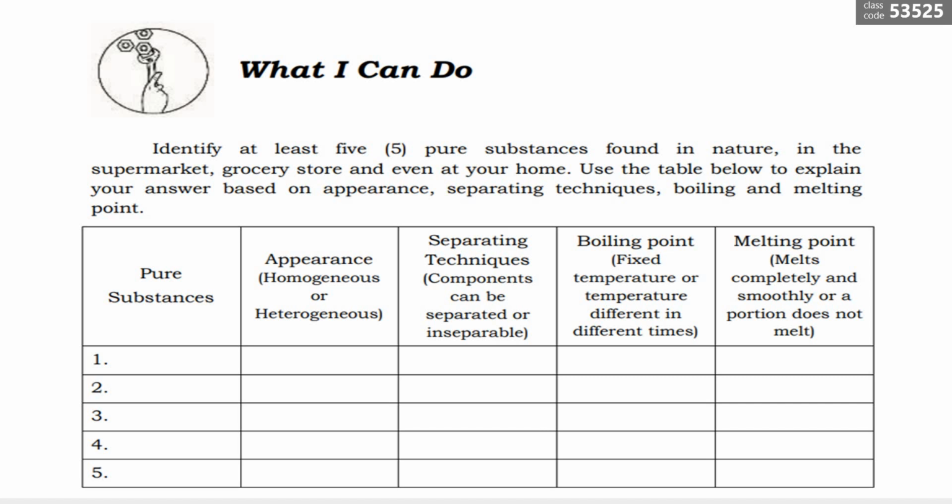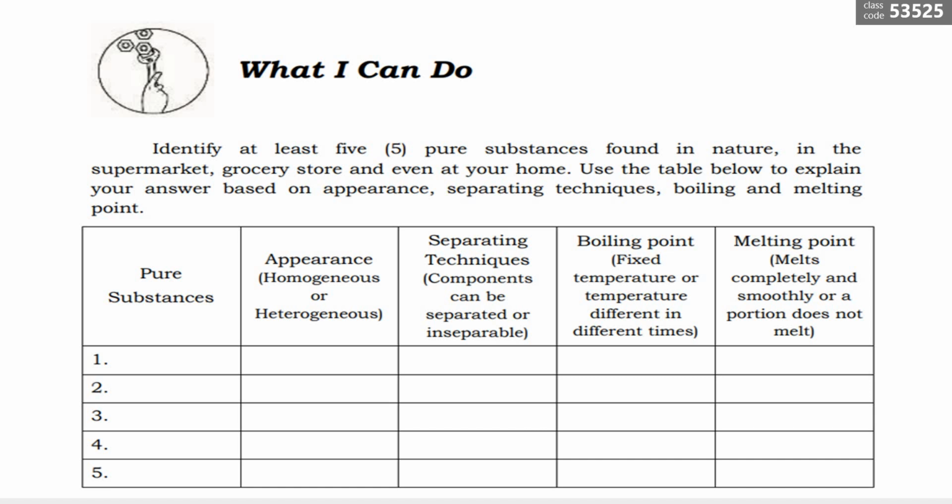Second column, appearance: is it homogeneous or heterogeneous? The third, separating techniques: components can be separated or inseparable. The fourth, boiling point: is it a fixed temperature or a different temperature at different times? And the last column is about melting point: it melts completely and smoothly, or a portion does not melt.